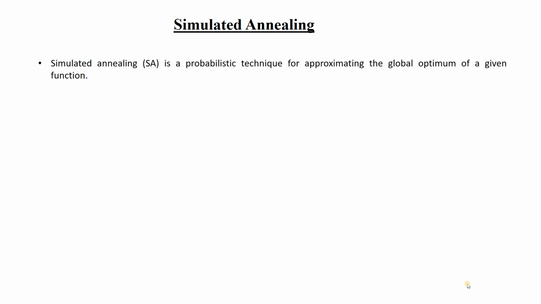So it is a probabilistic technique for approximating the global optimum of a given function. Probabilistic means it is finding the probable solutions, not determining the exact solutions. That means you start with some random variable, and the way you proceed is not by a simple computation technique of finding the best solution, worst solution, like we know about PSO or ant colony.